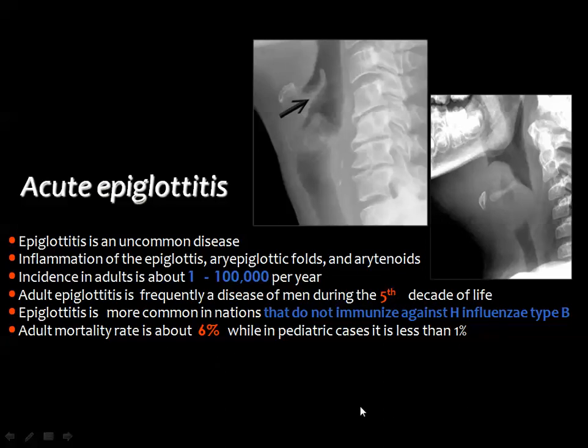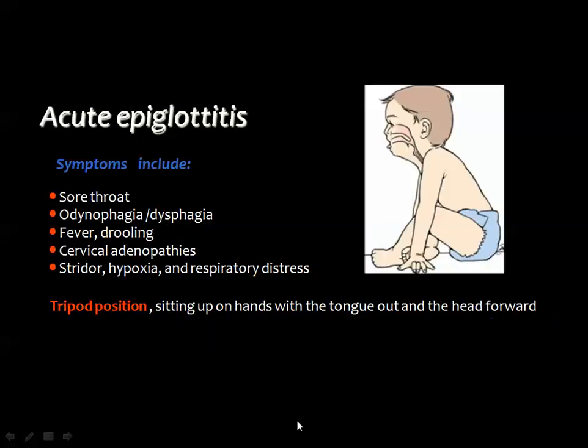This is the normal appearance of the epiglottis in the lateral X-ray of the neck, and you see the size of the epiglottis and the preservation of the pre-epiglottic air and the retroepiglottic air. But here, when the epiglottis is diffusely swollen, it will obliterate the air column both anteriorly and posteriorly, as you can see here.